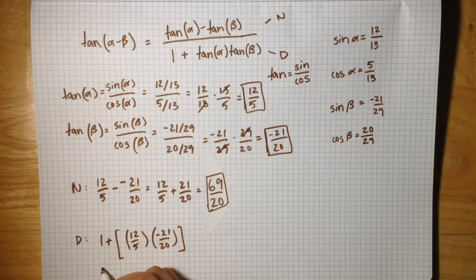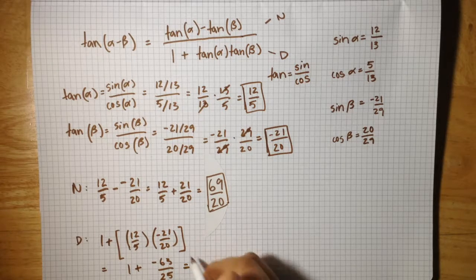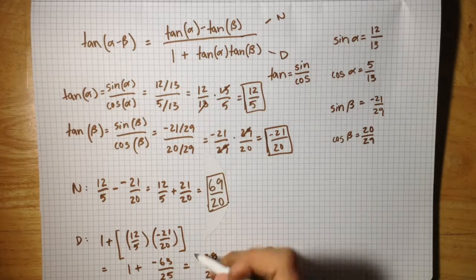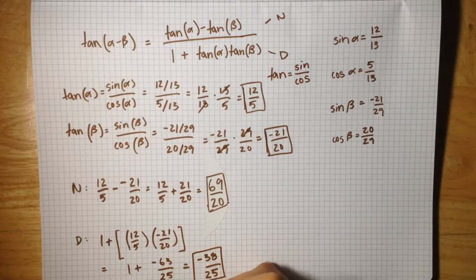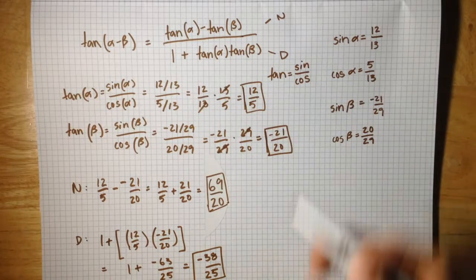I get 1 plus negative 63 over 25, which equals negative 38 over 25. So this is our final answer for what the denominator value is.